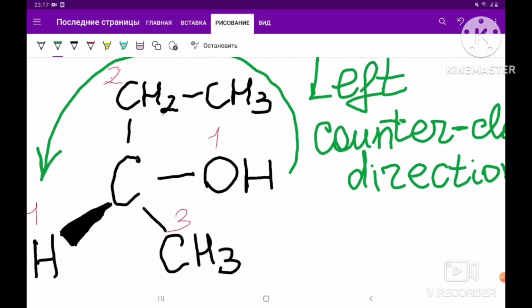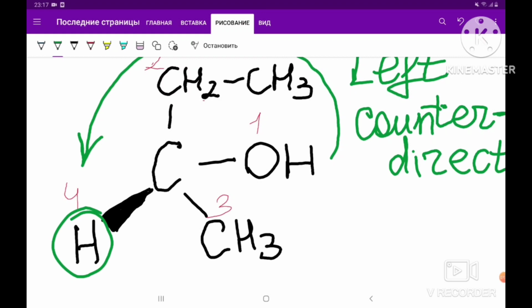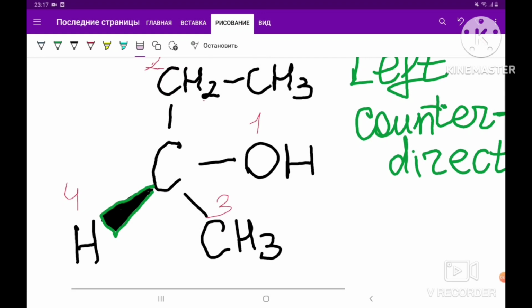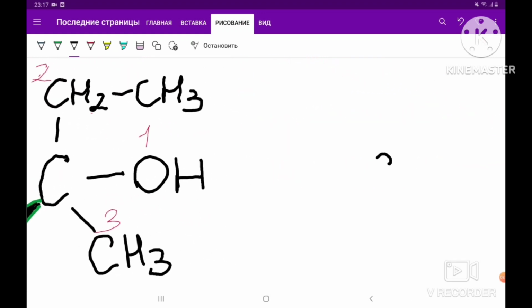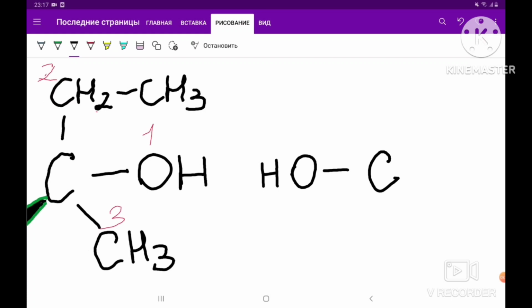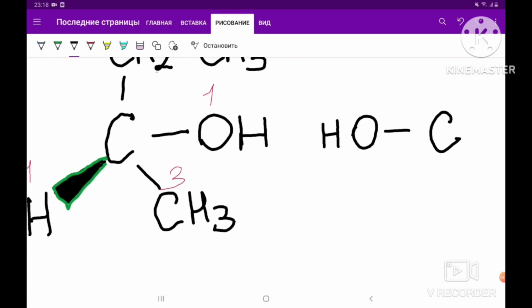But it seems to be S, and indeed, as you remember, hydrogen is coming to the front, toward us. That's why we will have to flip our molecule. We will rotate it to make hydrogen go to the back.